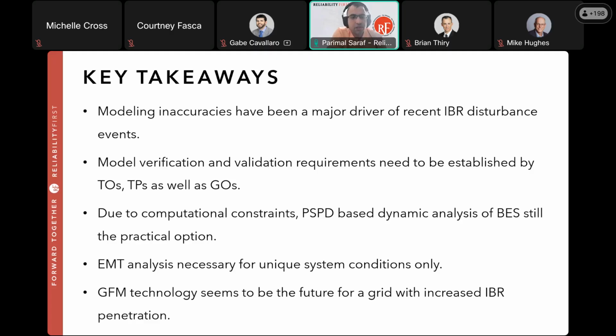Due to computational constraints, positive sequence phasor domain based tools, which are essentially PSSE and PSLF, are still the practical option for analyzing bulk electric system dynamics with these IBRs. EMT analysis is necessary only for very unique specific system conditions. And grid forming technology seems to be the future for a grid with increased IBR penetration. Next slide, please.